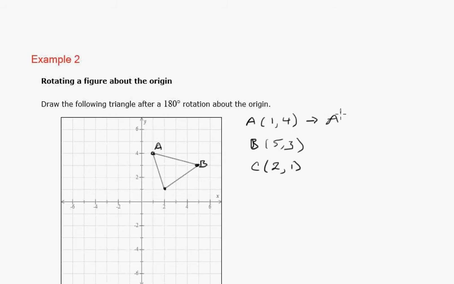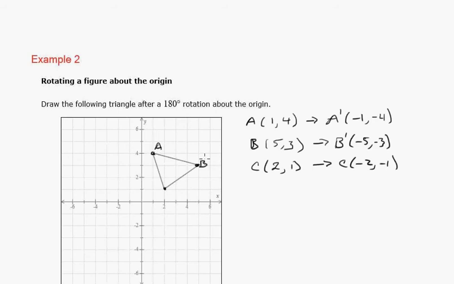So A prime is going to be -1, -4. B prime is going to be -5, -3. And C prime, this is kind of a bad example because there are no negatives in here to switch, so -2, -1. But if this was -1, then this would be a +1.